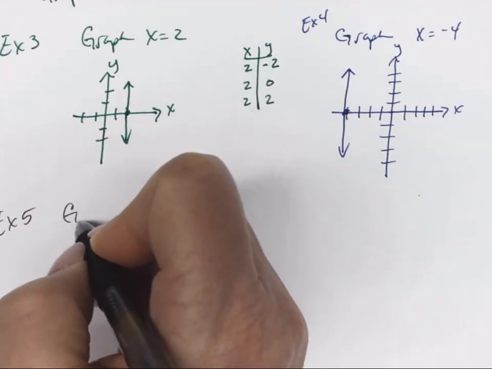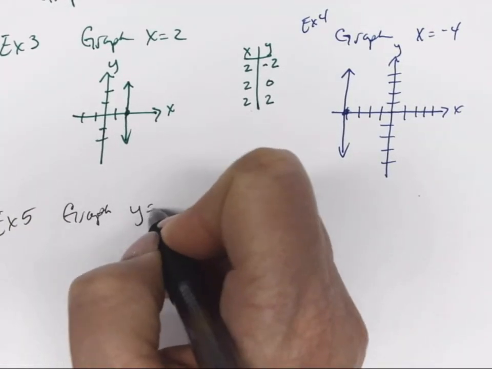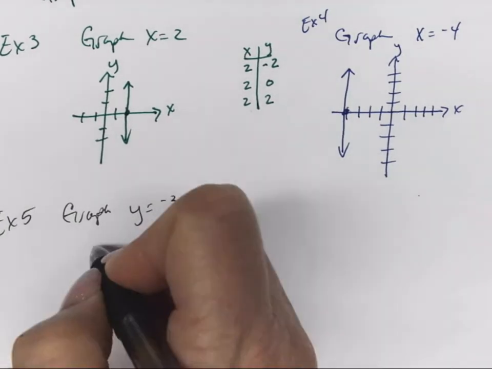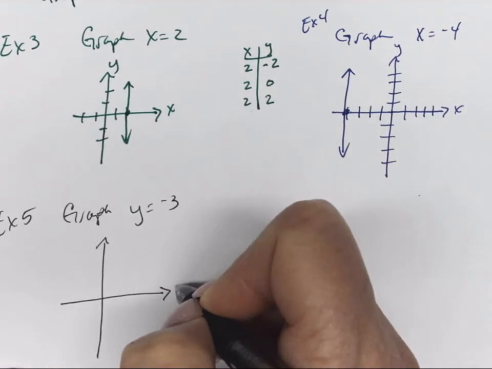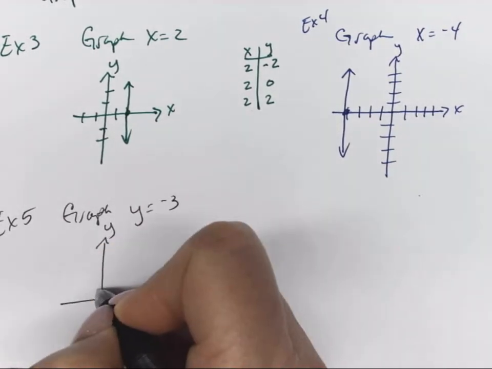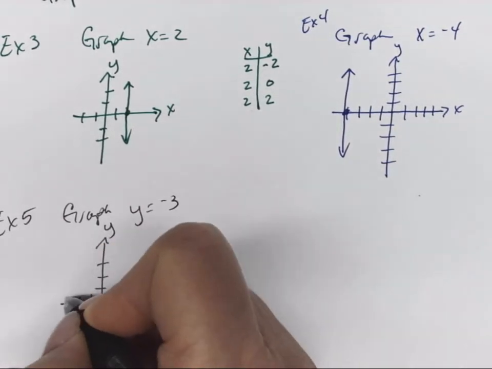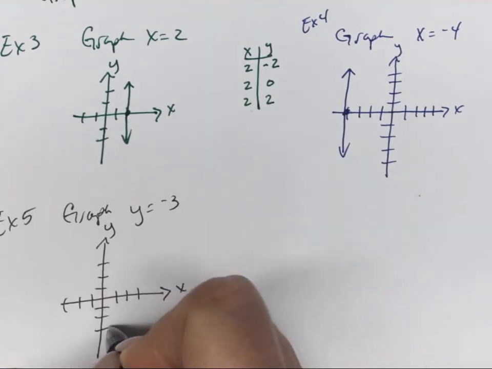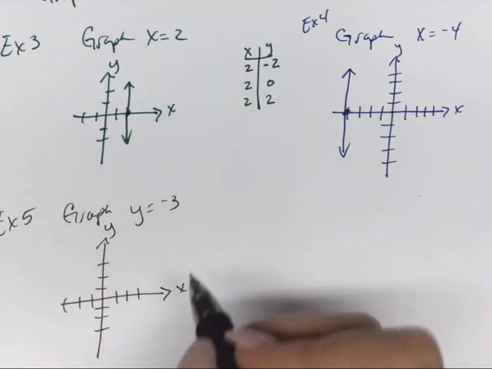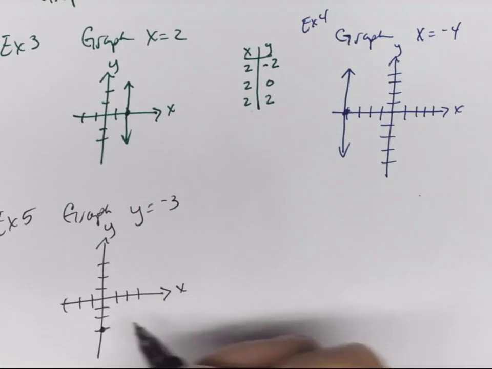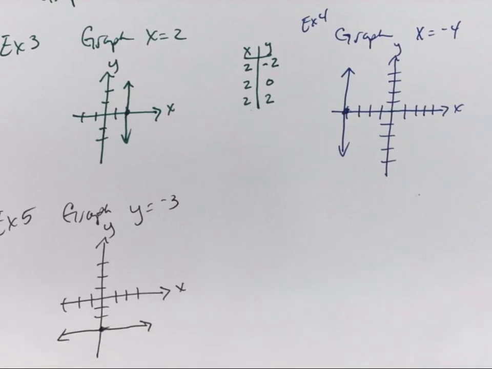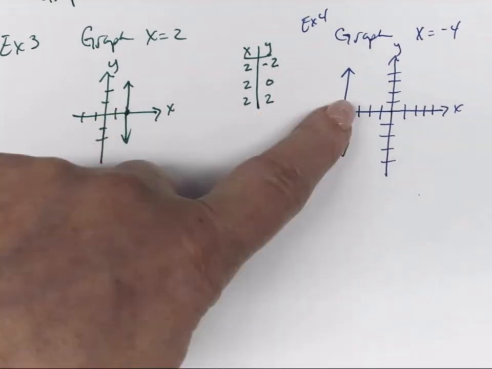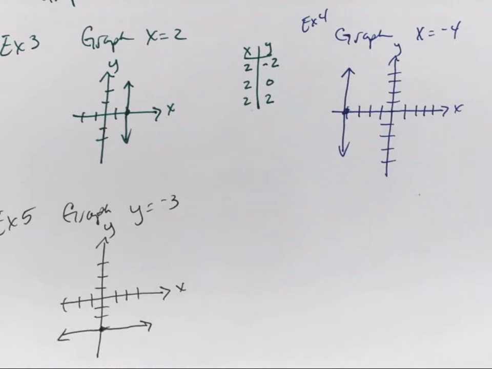And we are going to graph y is equal to -3. So this tells us y equals -3. So right here at -3 for y, our line will come here. Does not matter what x equals, y will always be -3. So these were vertical lines. This is a horizontal line.